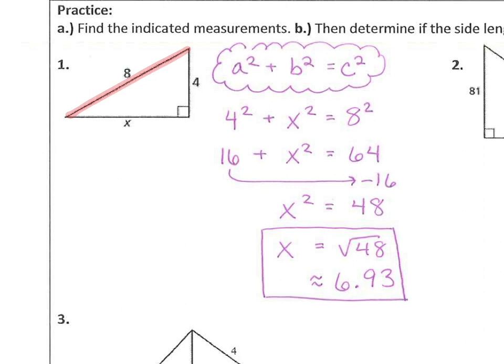That way when I fill in a squared plus b squared equals c squared, that number for the hypotenuse is the one by itself, because the hypotenuse number should go by itself. Other than that, you just fill in the numbers you have. So x goes for one of the legs, 4 goes for one of the legs, and you solve for x.